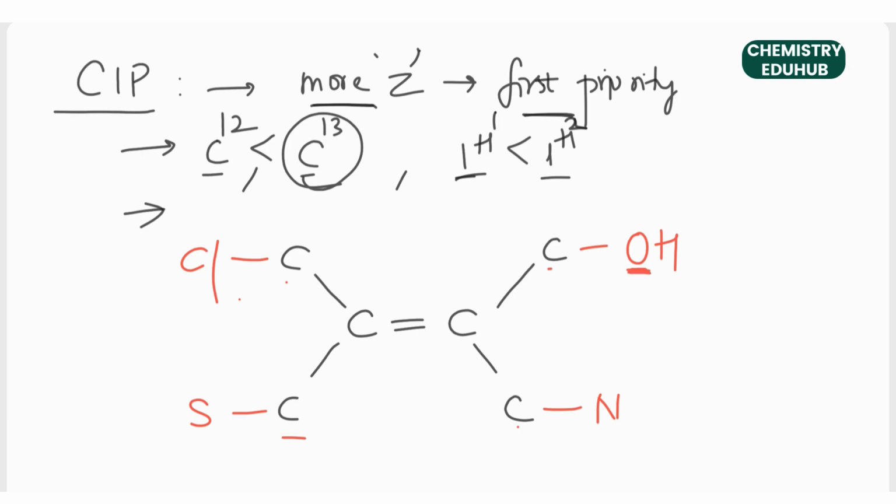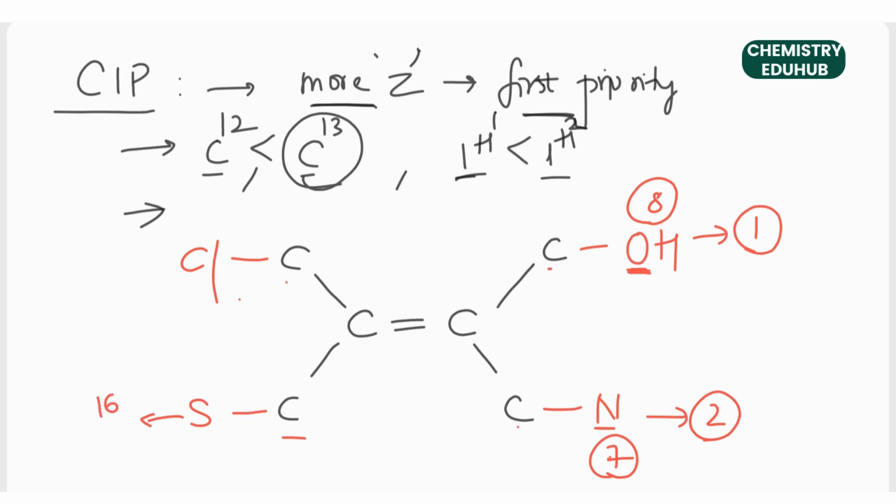Here oxygen's atomic number is 8, nitrogen's atomic number is 7. So oxygen will be the first priority, nitrogen will be the second priority. Similarly sulfur's atomic number is 16, chlorine's atomic number is 17. So this will be the first priority, this will be the second priority.